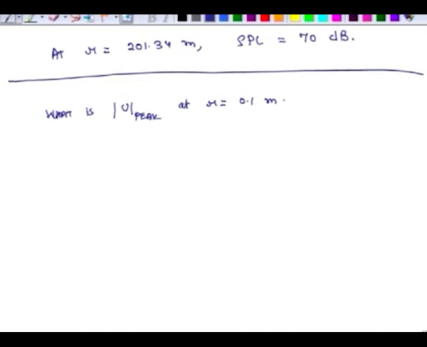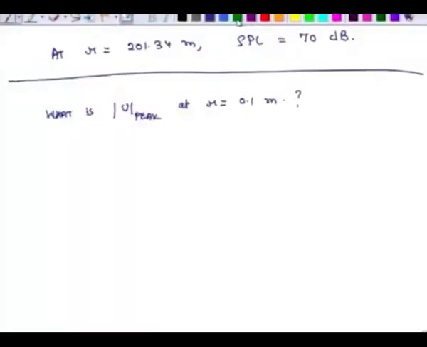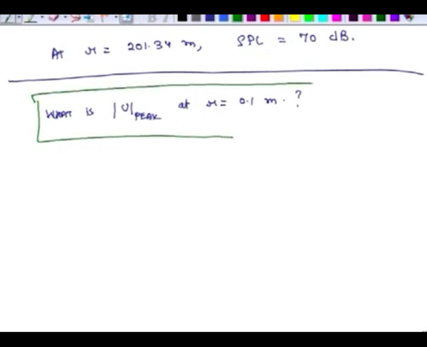Is it that at 10 meters, if U peak is x, then at 0.1 meters it is just 100 times that, or is it something different? That is what we are going to compute as the last part of this exercise. So, this is our goal: what is the value of U peak at r equals 0.1 meters?